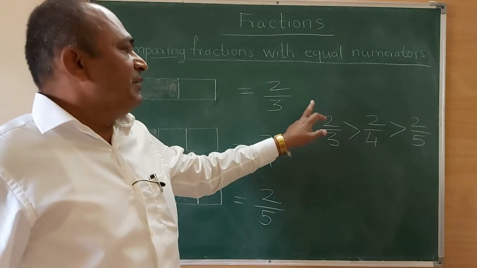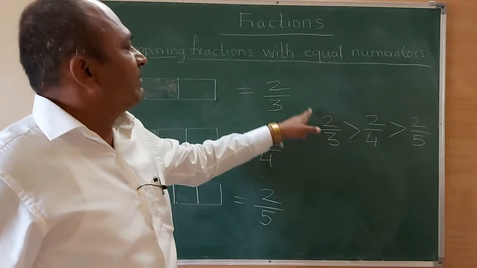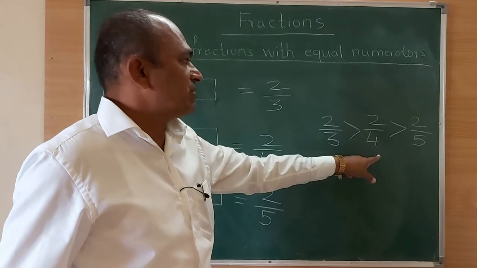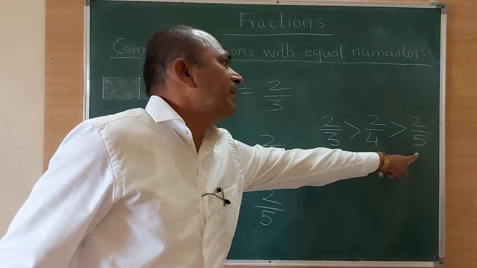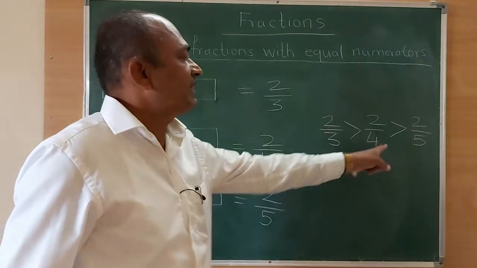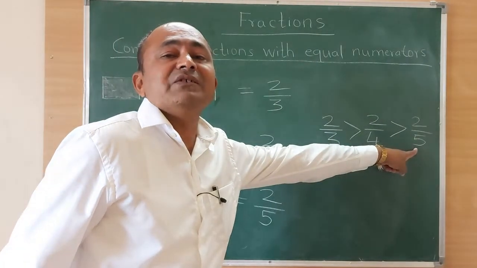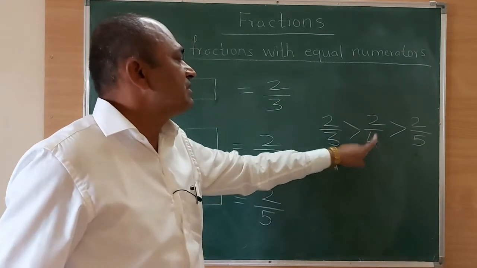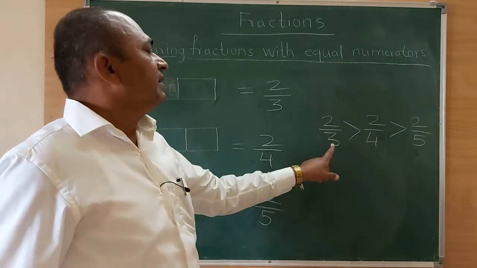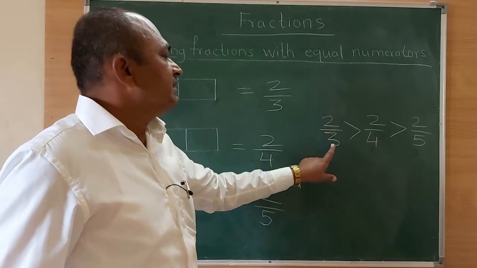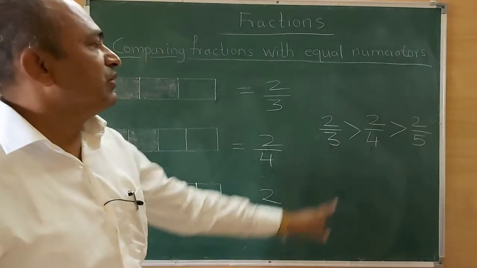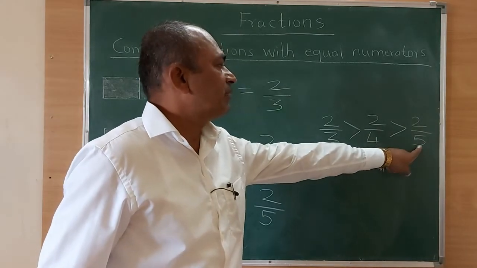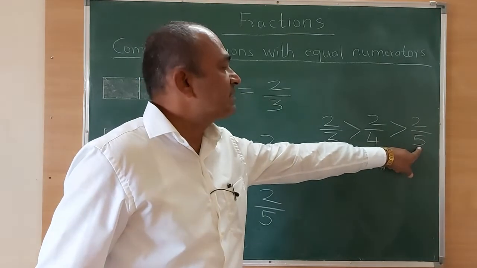Means in short, when the fractions have equal numerator, when their numerator is same, the fraction with greater denominator is smaller. So this is the smallest fraction, because denominator is greatest.